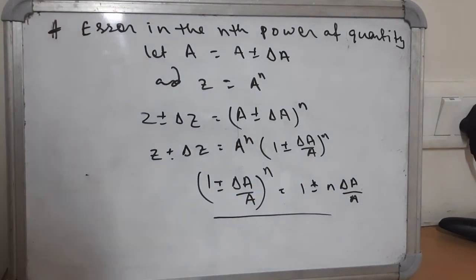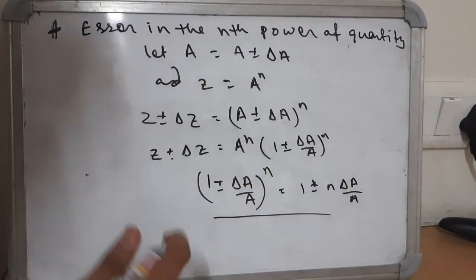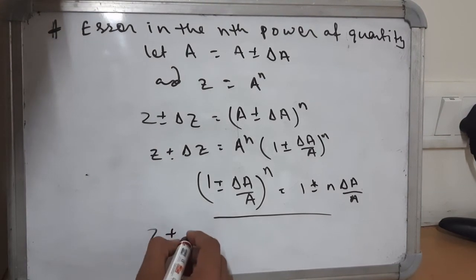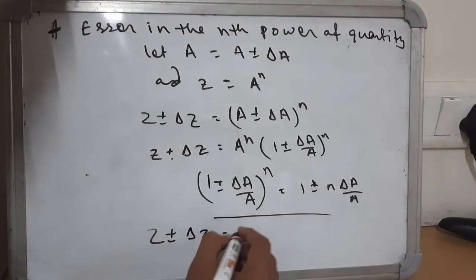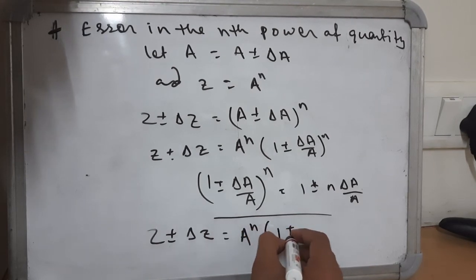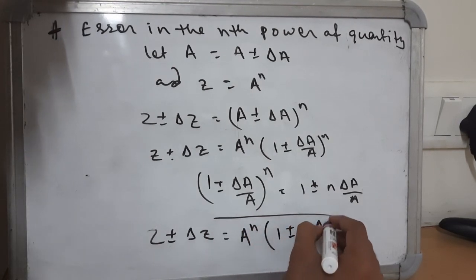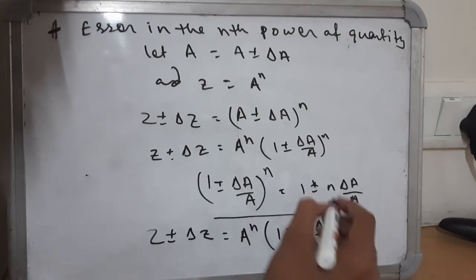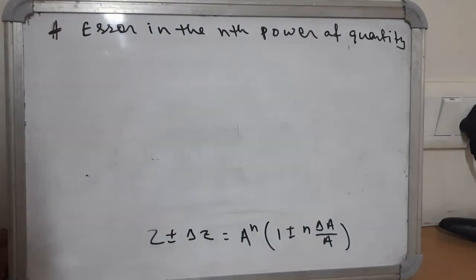Okay, so we can write Z plus minus delta Z equals A to the power n times 1 plus minus n times delta A upon A.